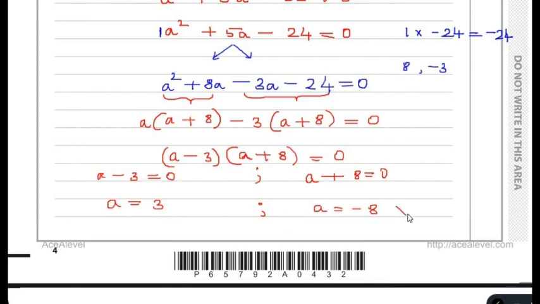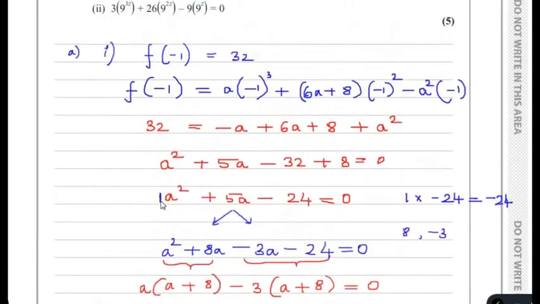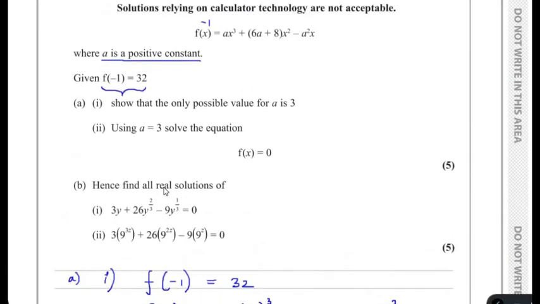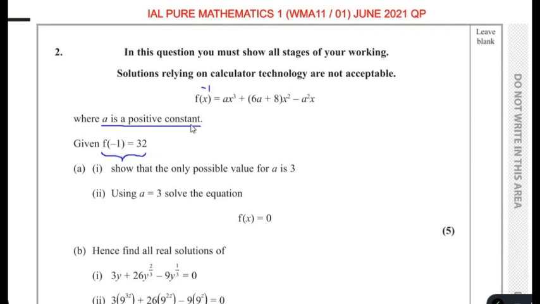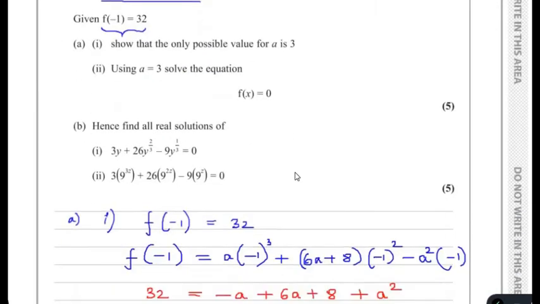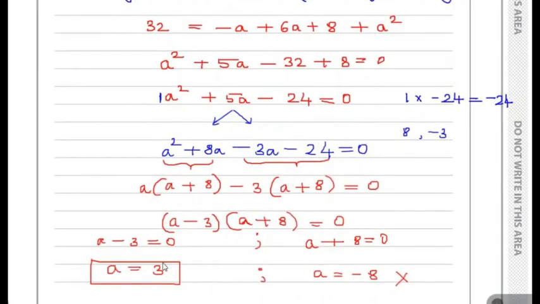So we have to discard the negative 8 and take only a equal to 3 as our answer, because in the question they have clearly mentioned that a is a positive constant and to show that the only possible value for a is 3. So we have shown that a is equal to 3 and a is not equal to negative 8, because a is positive here and a is negative here.